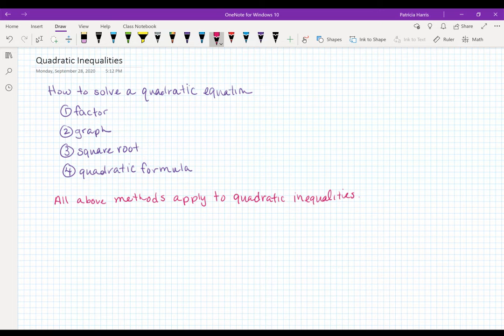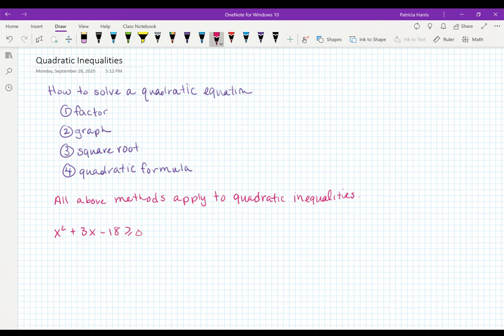Okay, so let's try a simple one. Let's do x squared plus 3x minus 18, and we will set that greater than or equal to 0.